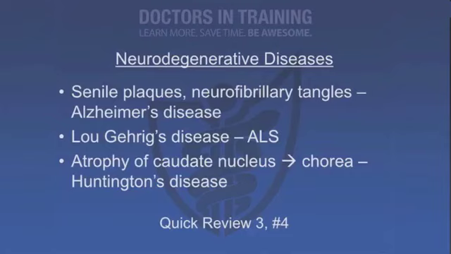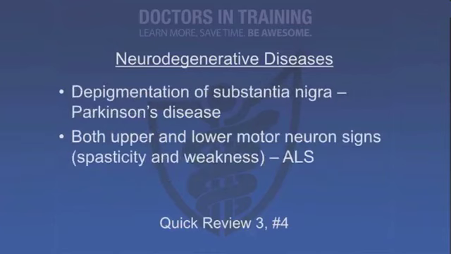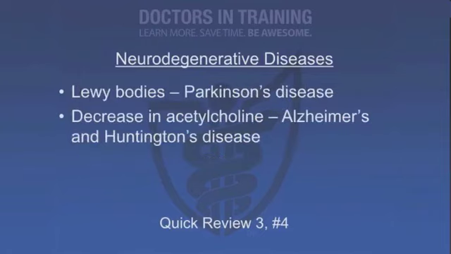In other countries, they may not call it Lou Gehrig's disease; they'll probably know it more as ALS. Atrophy of the caudate nucleus leading to chorea, that's Huntington's disease. Depigmentation of the substantia nigra, that's Parkinson's disease. Both upper and lower motor neuron signs, so spasticity and weakness, that's ALS. Lewy bodies, that's Parkinson's disease. And decrease in acetylcholine, Alzheimer's disease and Huntington's disease.